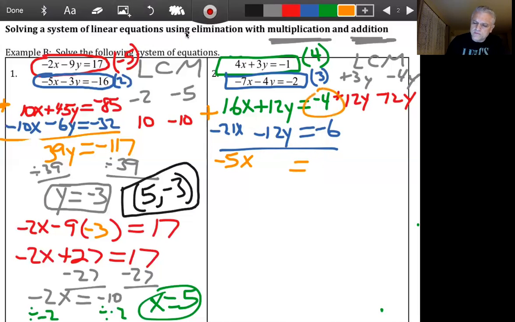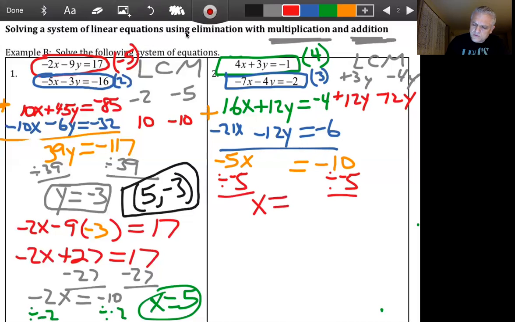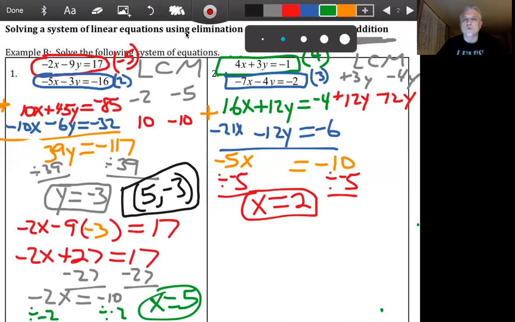Negative 4 plus negative 6. Well, that would be negative 10. Okay, we're going to divide by negative 5, divide by negative 5, and I get x is equal to 2. Okay, we found one of the variables.